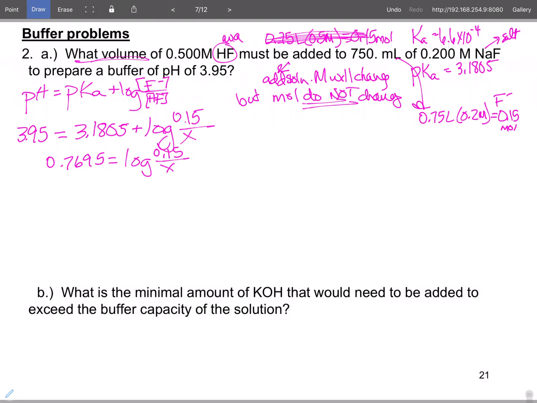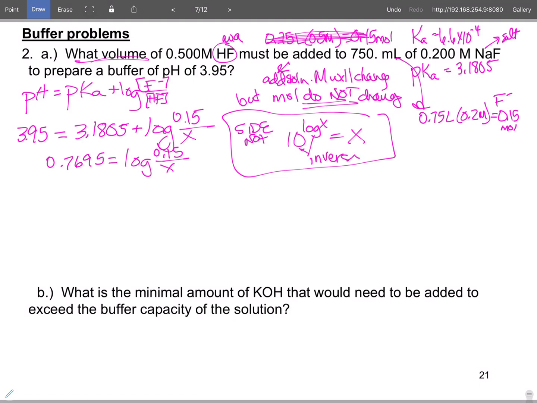Now, side note, if you take 10 to the log of X, then that is equal to X. Mathematically, these are inverses.